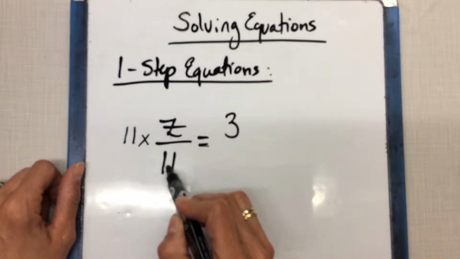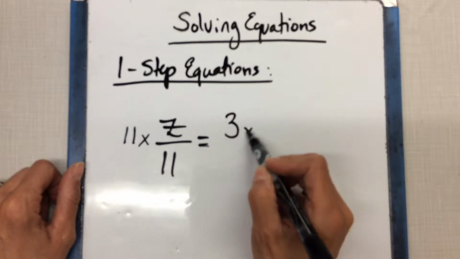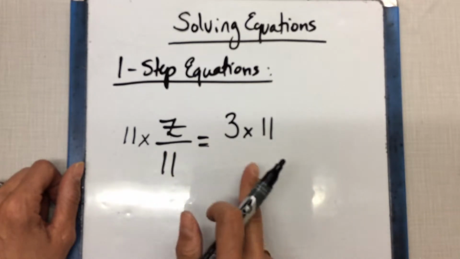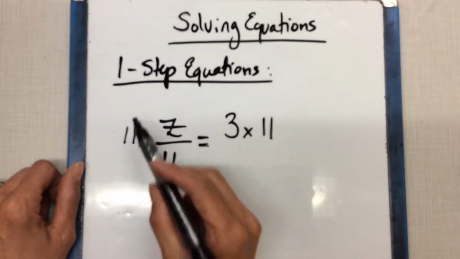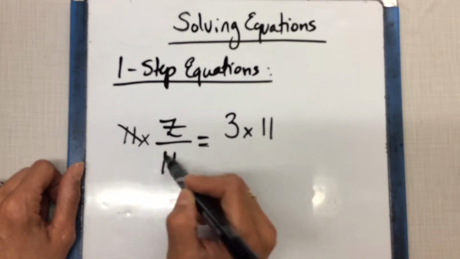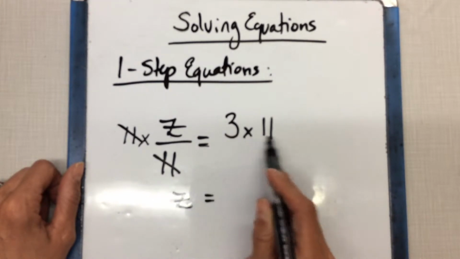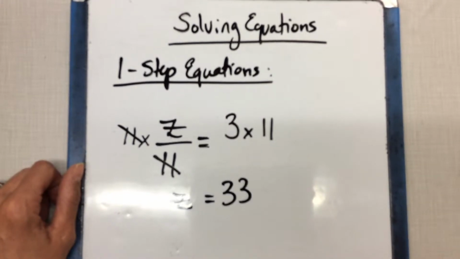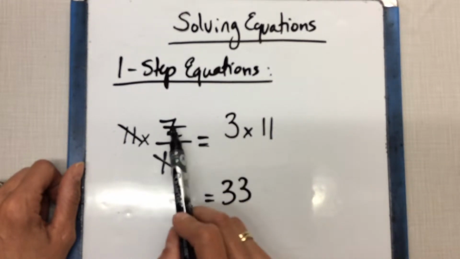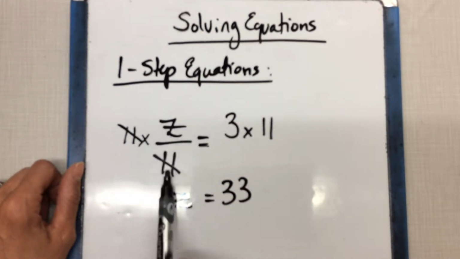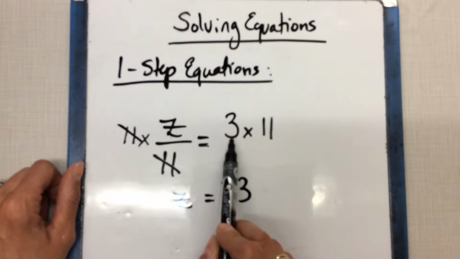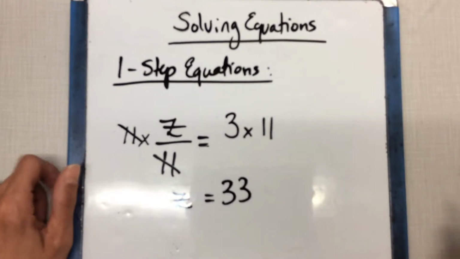And so if we multiply this by 11, we must do the same to the other side in order to keep the balance. And here we can see that these will cancel out. And so z is equal to 3 times 11, which is 33. And I can check this by plugging in the 33 divided by 11, and I would get my original equation.